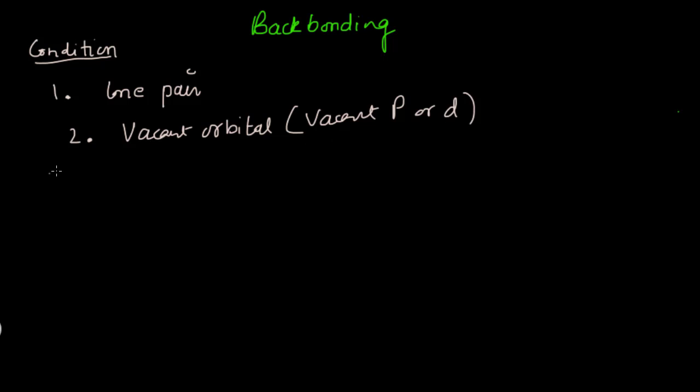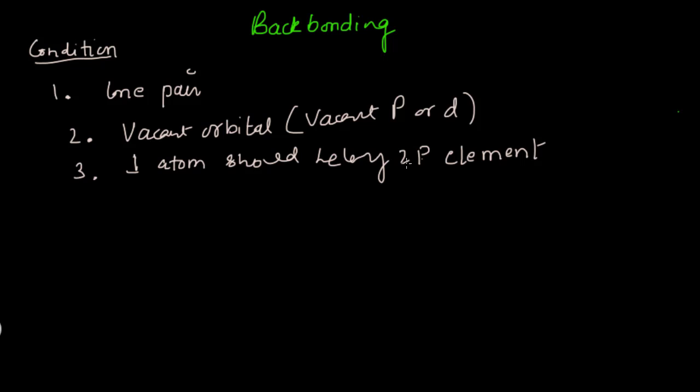We'll discuss everything very soon. And the third condition of backbonding is that one atom should belong to a second period element. We'll see soon why that is required. So yeah, let's get ahead.